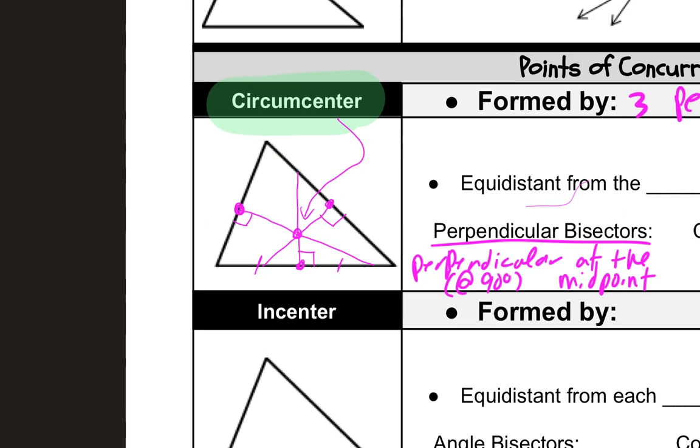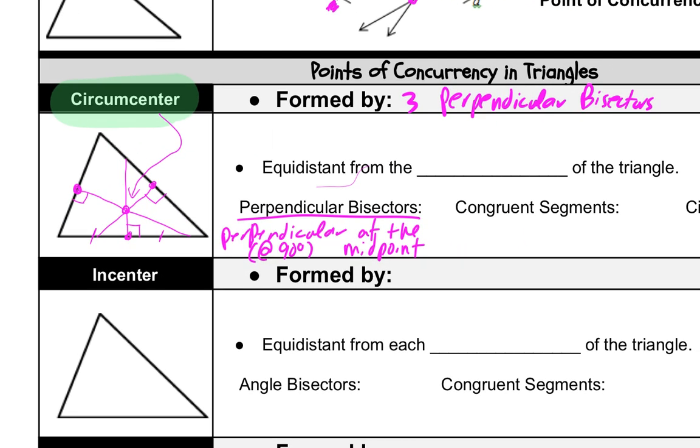The thing about that circumcenter is it's equidistant. Equidistant means the same distance. It's the same distance from each of the sides.